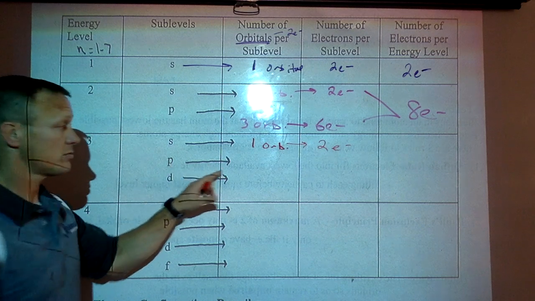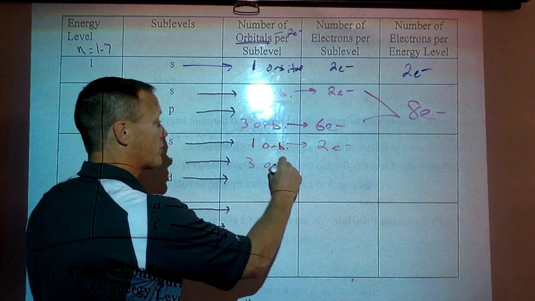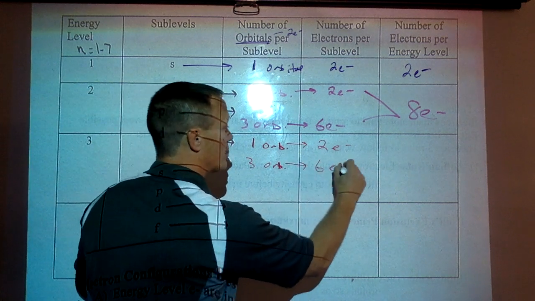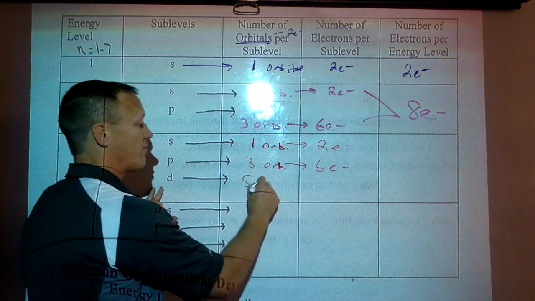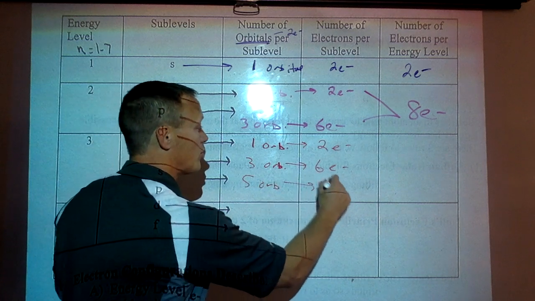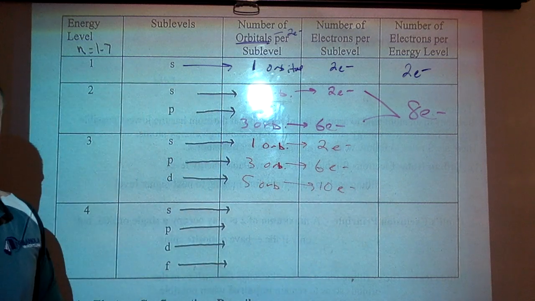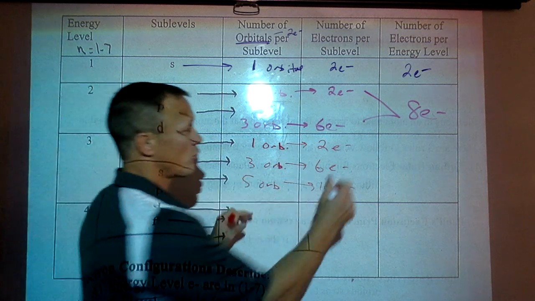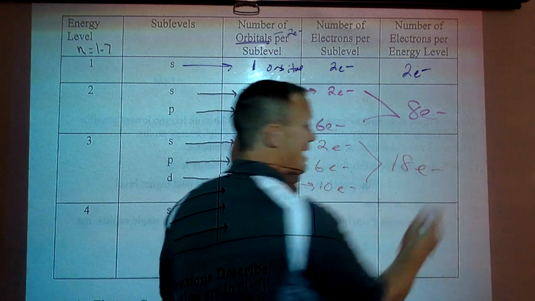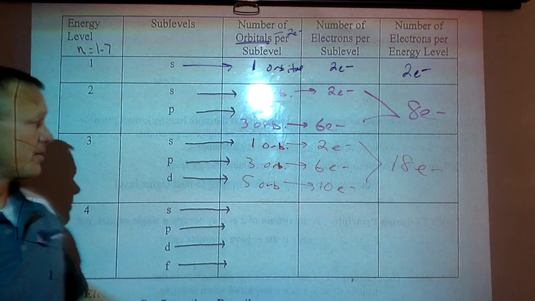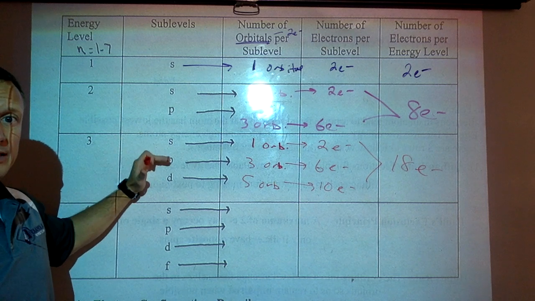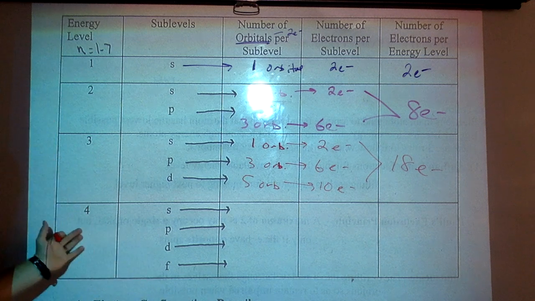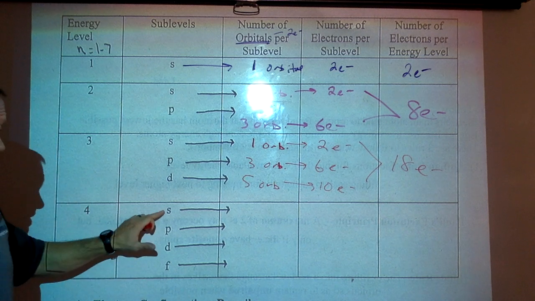The P sublevel has 3 orbitals, just like before, which holds 6 electrons, and the D has 5 orbitals, which hold 10 electrons. So your third energy level is much bigger. You've got 2 plus 6 plus 10, a total of 18 electrons in that energy level. Again, 2 of them are in the S sublevel, 6 of them in the P sublevel, and 10 of them in the D sublevel.